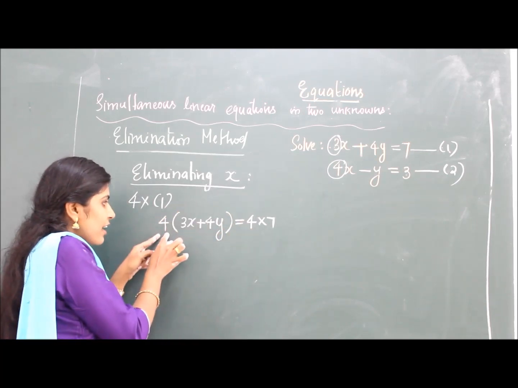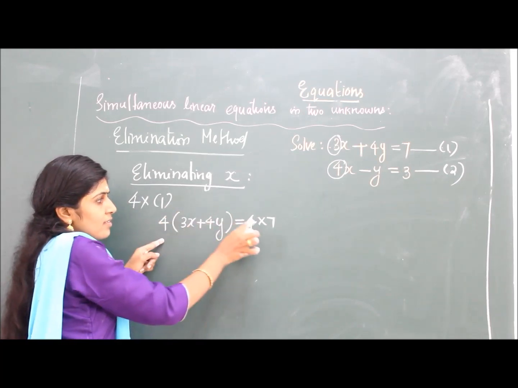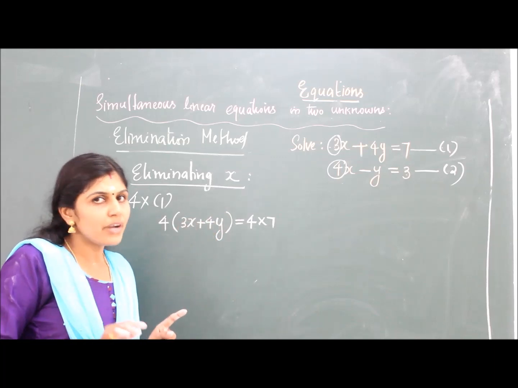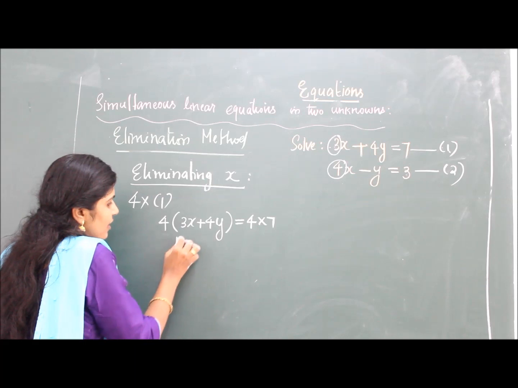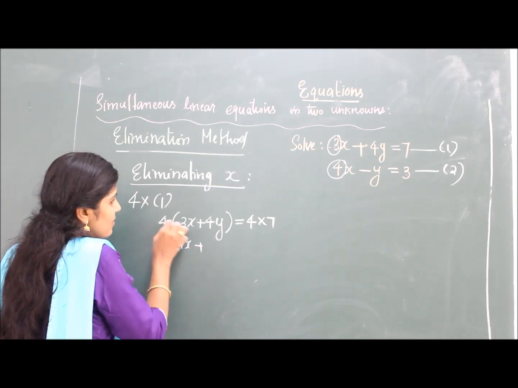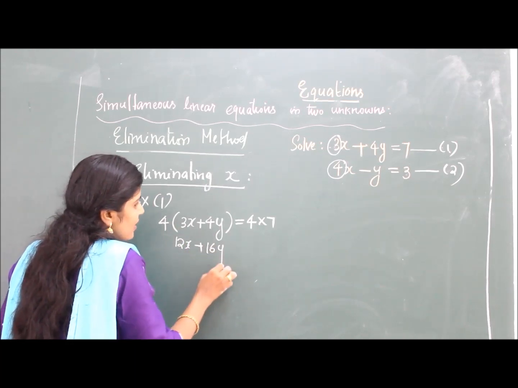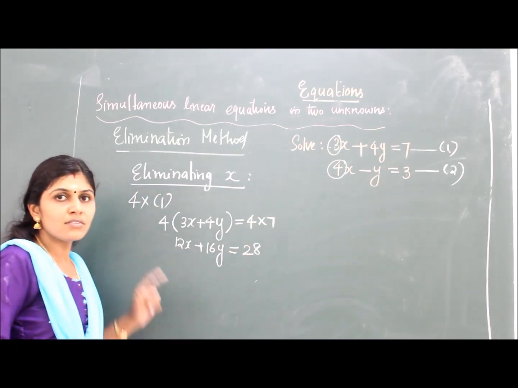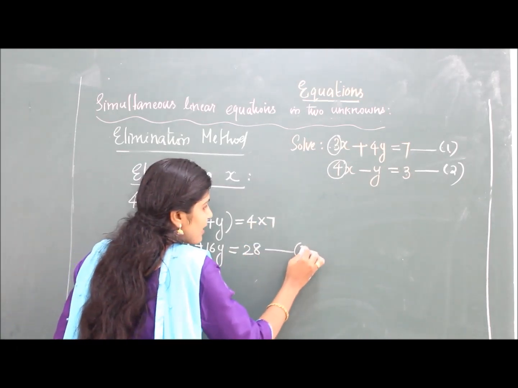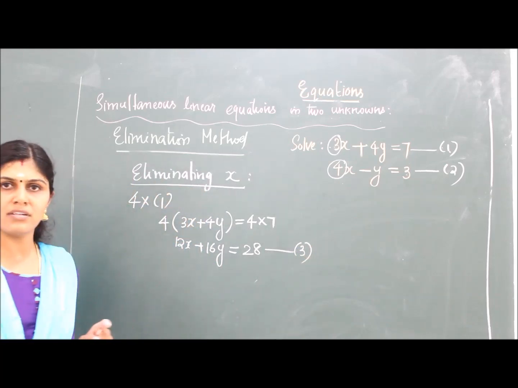Here I have multiplied by 4 on the left hand side, so the same thing I have to do on the right hand side. Now opening the brackets, 4 threes are 12x plus 4 fours are 16y is equal to 7 fours are 28. This is my new equation, which I am taking as the third equation.